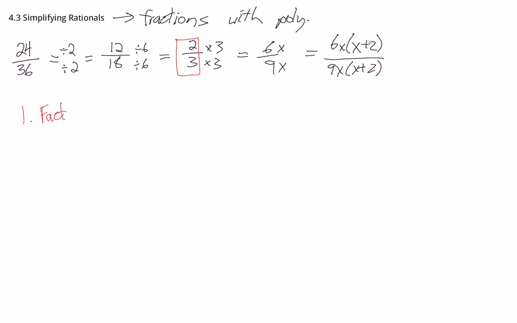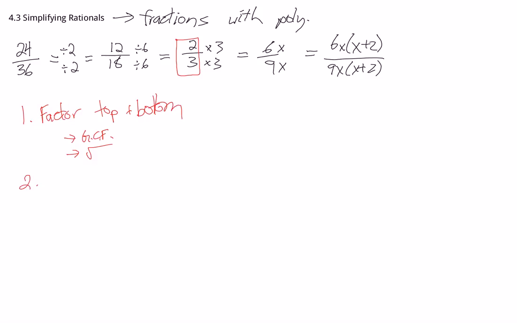So we want to factor top and bottom as much as possible first. And when you factor, you're going to either use greatest common factoring, or you could do square root factoring, either one.